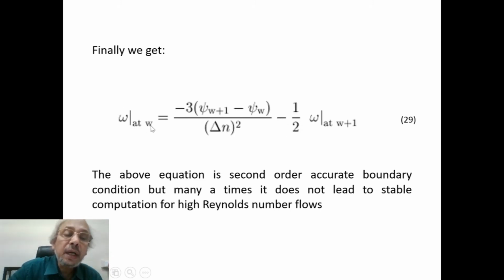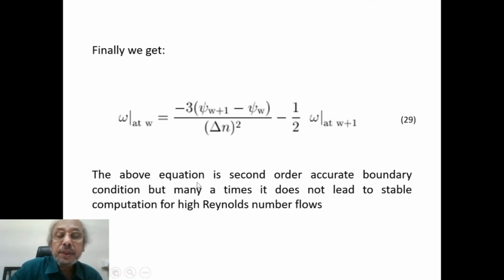So omega at the wall, when we are calculating, involves psi at the wall and psi at the near wall point, the normal distance between them, and omega also at the near wall point, meaning next to the wall, and this omega obviously we get from the previous level of calculations.